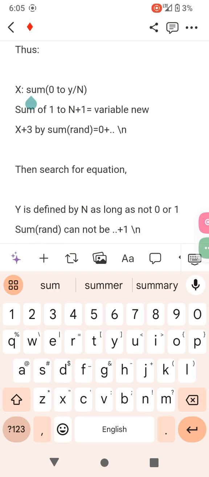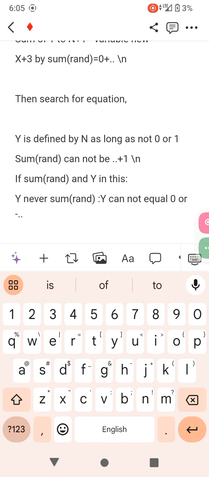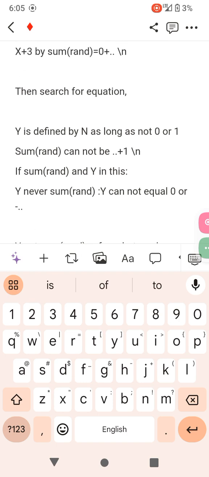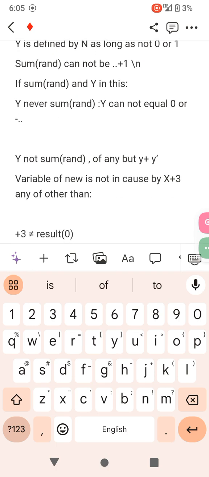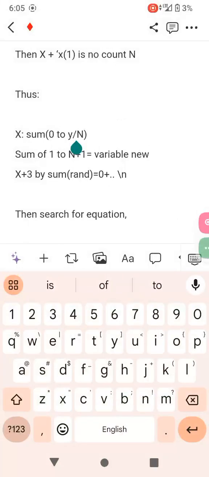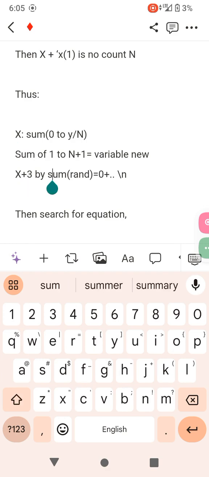Well, because sum of 1 to sum of random compared by any other than no equation or lineage of where nu would be found by not derivation, then variable of nu is not in cause by x plus 3 any other, as long as y is only under circumstance of some random y plus derivation of y, as long as x equals at least to some degree the outcome that x plus 3 is also some random, equals 0 plus something, or at least some random.